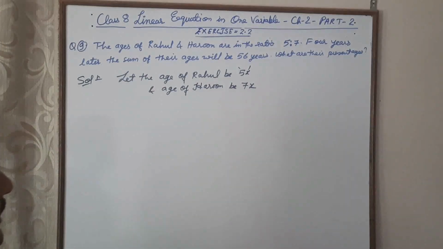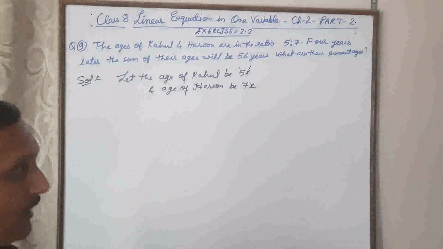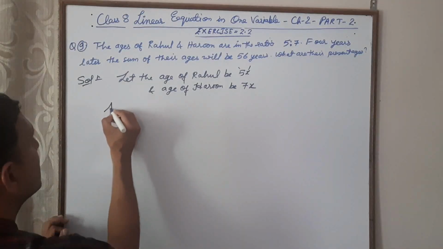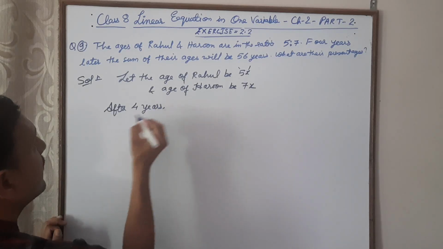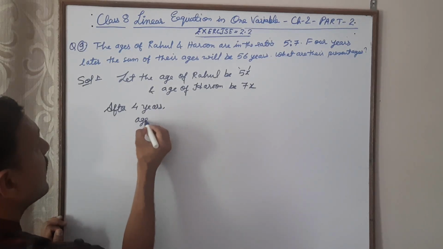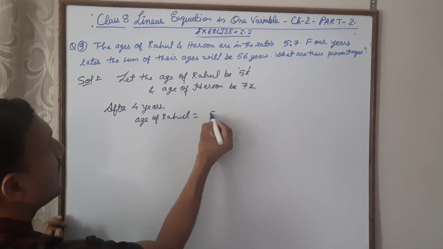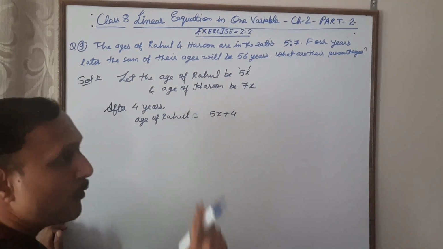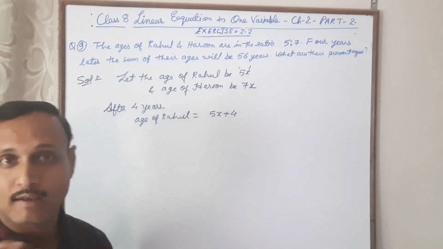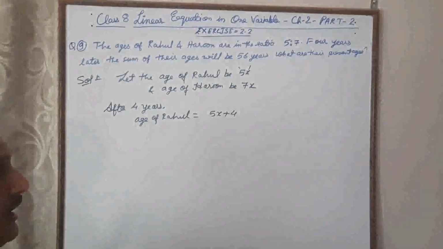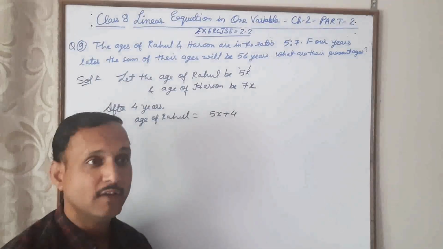4 years later means after 4 years. After 4 years, the age of Rahul will be 5x plus 4. Suppose your age today is 14 years, then after 4 years it is 14 plus 4, 18. Similarly, the present age of Rahul is 5x, so after 4 years the age will be 5x plus 4.